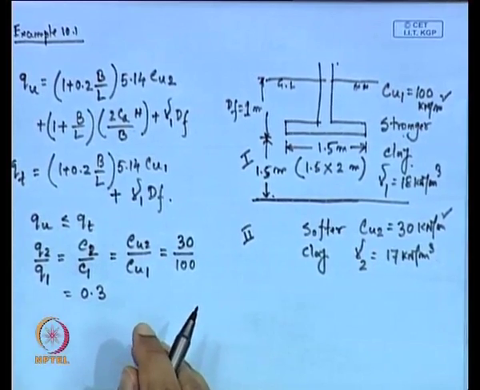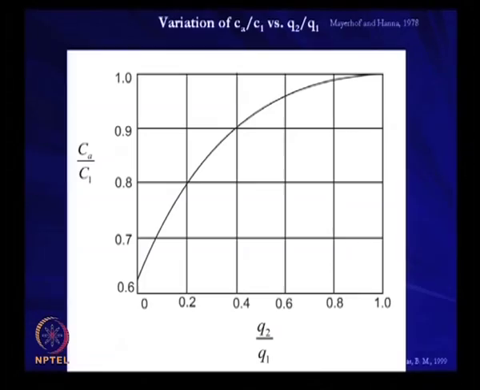Now, in the previous lecture, I have shown this graph, where this is q2 divided by q1. Now, from this particular problem, q2 divided by q1 is equal to 0.3. So, this is approximately 0.3.